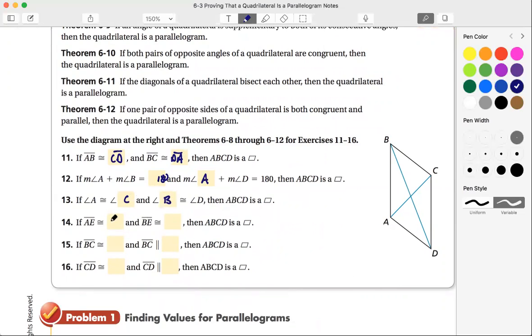If I know AE is congruent to CE, and BE is congruent to DE, then this must be a parallelogram. And if BC is congruent to DA, and BC is parallel to DA, then this must be a parallelogram. Or if I know CD is congruent to BA, and CD is parallel to BA, then it must be a parallelogram. So that's an illustration of all those theorems we just saw.